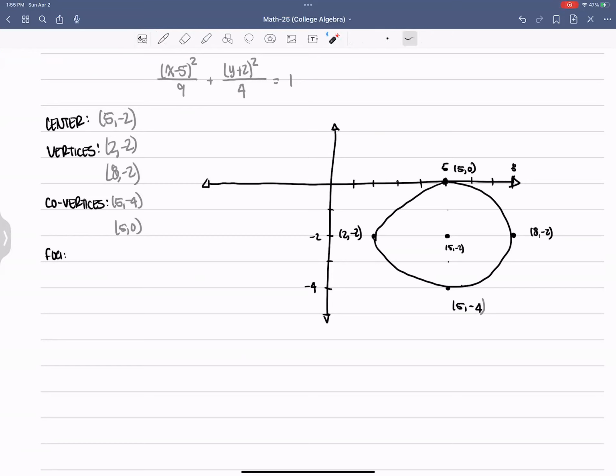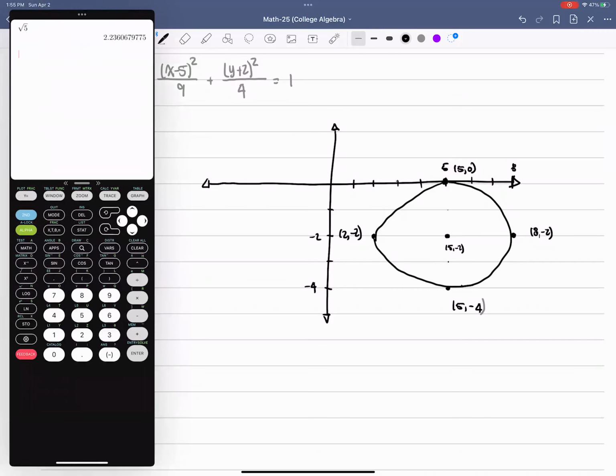For the foci, we have to figure out what c is in order to do that. c is equal to the square root of a squared minus b squared, the larger minus the smaller, so 9 minus 4, which is the square root of 5. That's about 2.25.